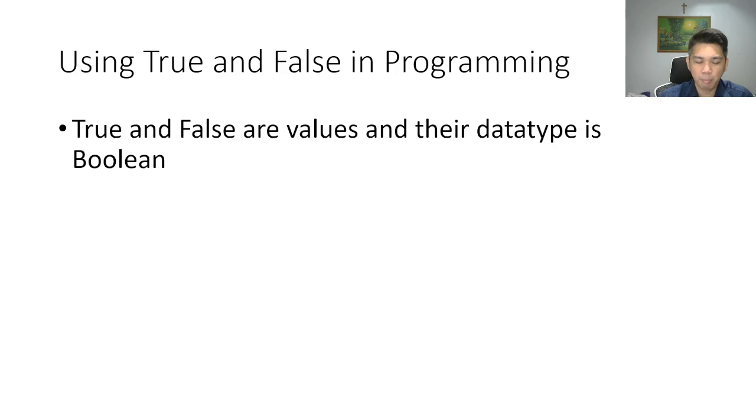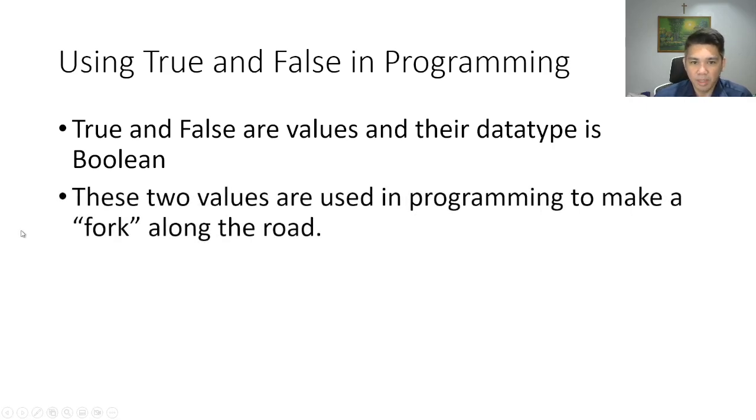I just remembered, you might be familiar with the term binary. Binary meaning there are only two values, either 1 or 0. So that 1 and 0 is actually true and false. These two values are used in programming to make a fork along the road of our codes.